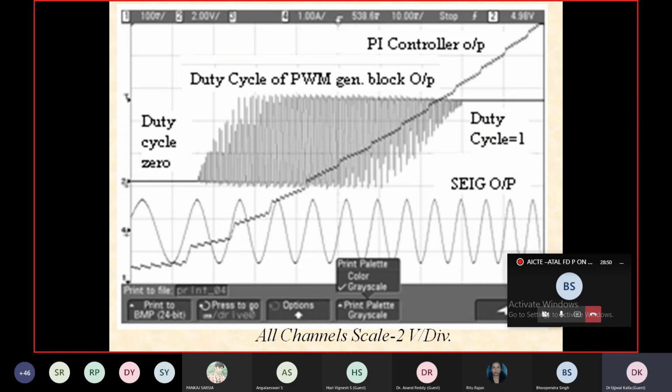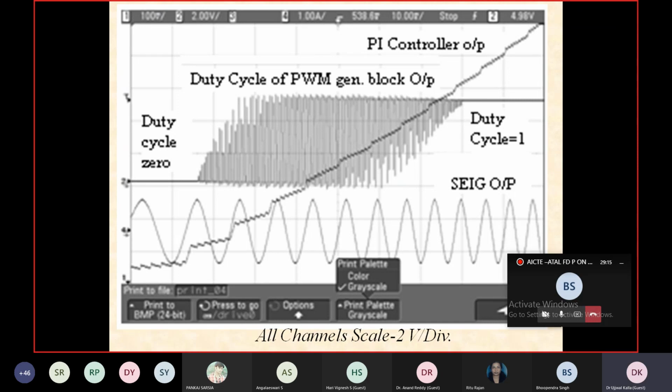So the frequency to voltage converter is capable of converting that variation in frequency into voltage. This F2V converter output is fed to the PWM generator, and that PWM circuit generates the PWM output, and the duty cycle is varying from 0 to 1.